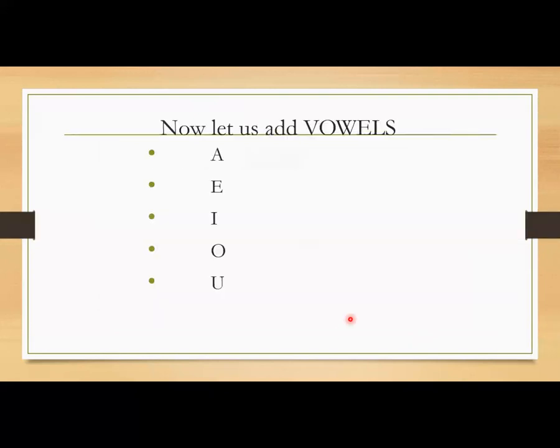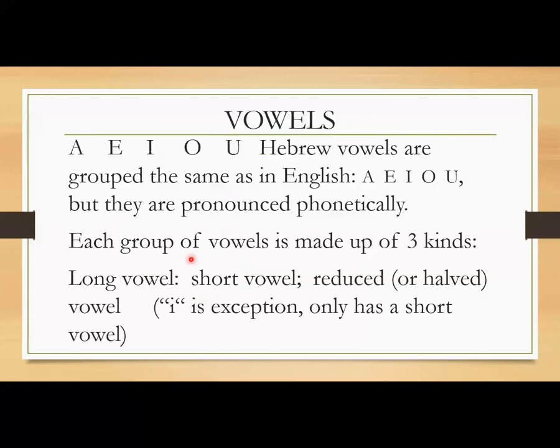Let's look at our vowels again. A, E, I, O, U. Hebrew vowels are grouped the same as in English, A, E, I, O, U, but they are pronounced phonetically.